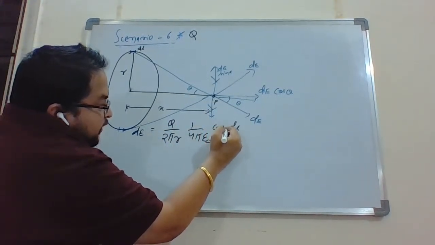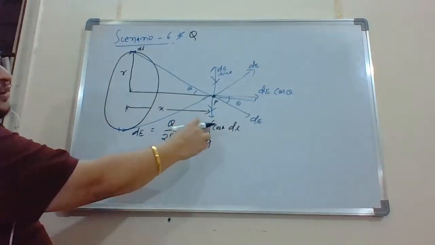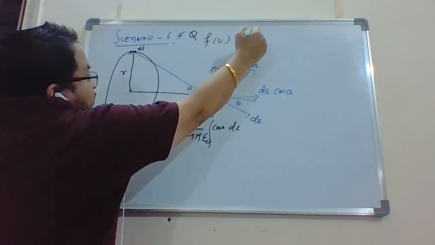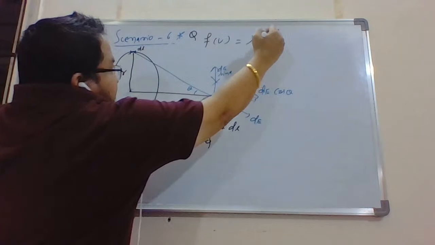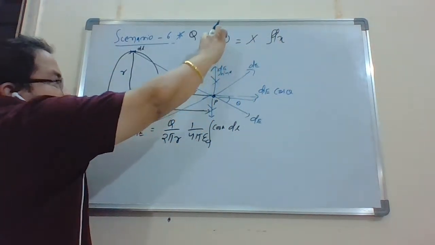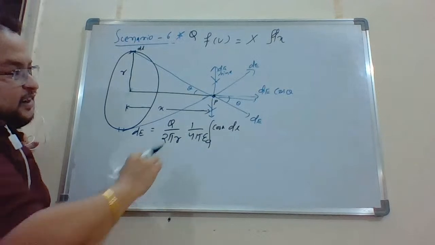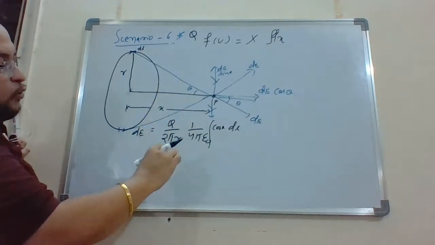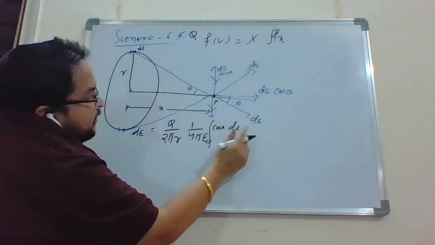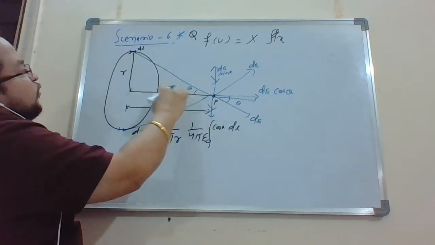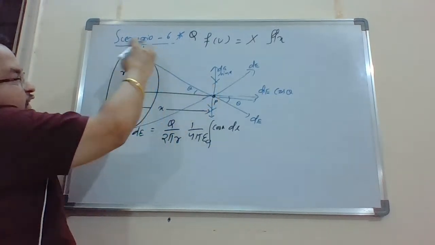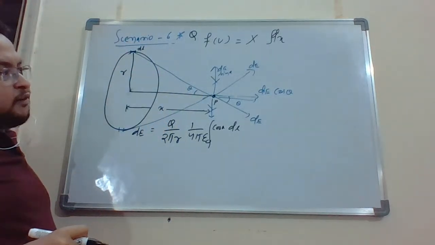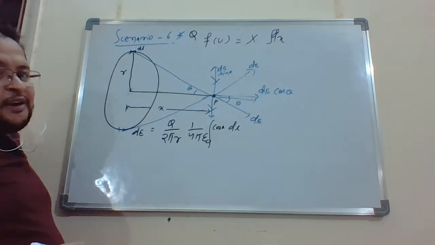Now here is the problem I was trying to explain when I said if it is a function of u, you cannot integrate it directly with dx. First, we need to convert it in terms of x, and then only you can integrate. That is why I picked up this example immediately after that. Here theta would not change too much, because if you see, it's a cone, and theta would not change anywhere on it. So that is why I cannot integrate directly.